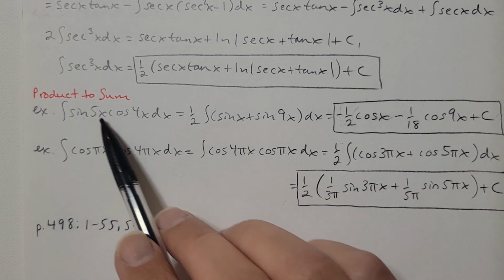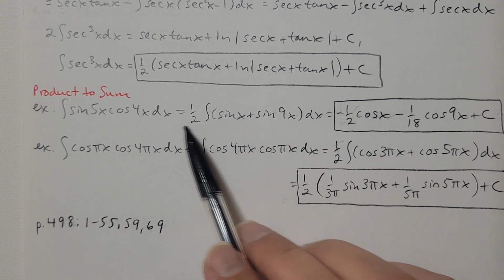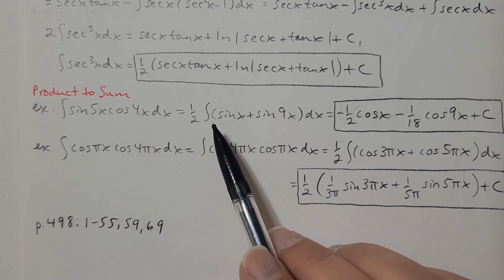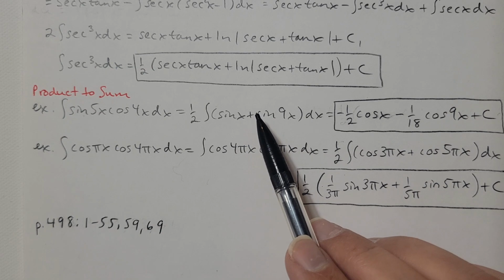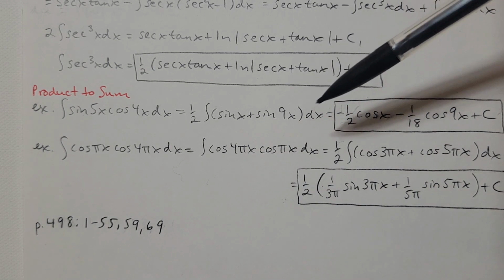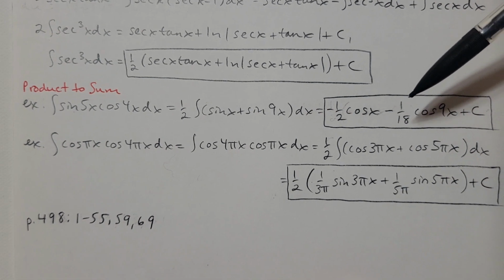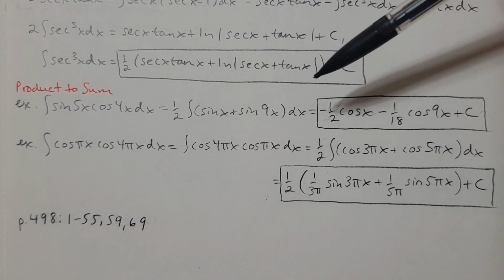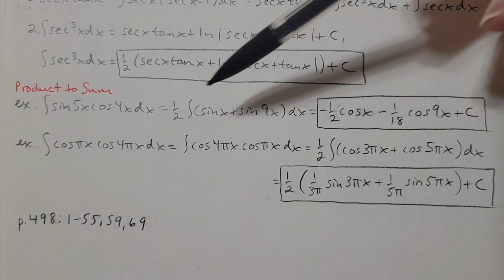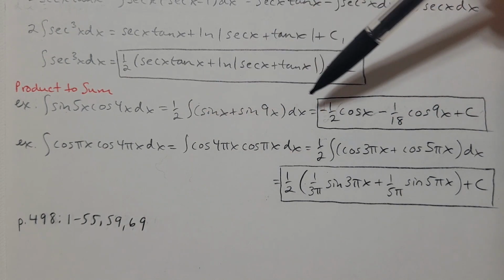So when I subtract, 5x minus 4x, that's x. 5x plus 4x is 9x. And I get a 1/2 in front of the integral, and I'm adding these 2 functions together. So that makes it nice because now I can go right to the answer. The antiderivative of sine x is negative cosine of x. I'm bringing in the 1/2 there too.